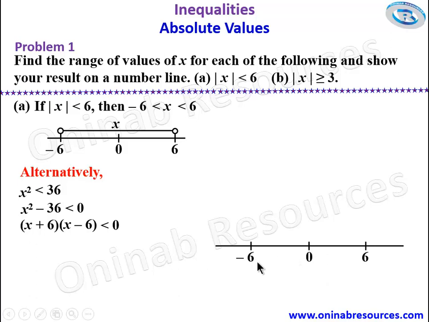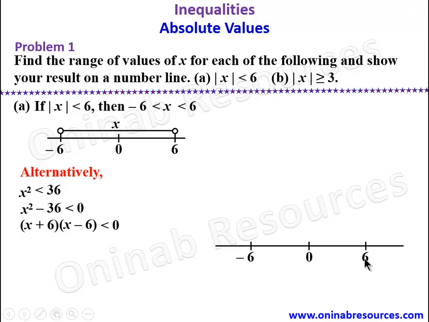In this number line, we have three regions. The first one, which is x is greater than 6, is from 6 to the right. The second one is negative 6 to the left, and that represents x is less than negative 6. And the third region is between negative 6 and 6. That's going to give us negative 6 less than x less than 6.